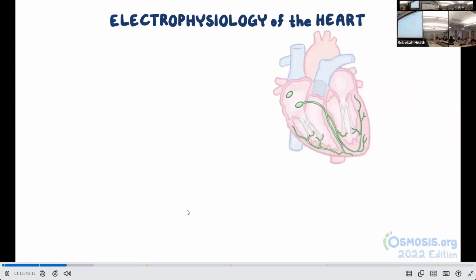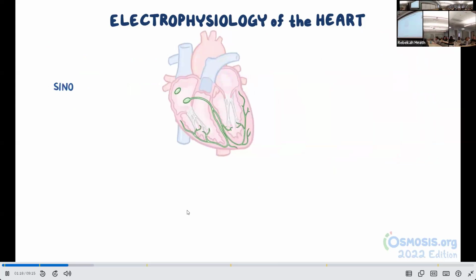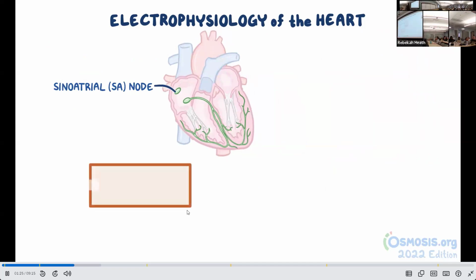The way it goes is that the electric impulses begin in the sinoatrial or SA node, which is located at the junction of the superior vena cava and right atrium. The SA node is considered the pacemaker of the heart and spontaneously and rhythmically produces impulses at 60 to 100 beats per minute. The impulse then moves quickly through the atrial muscle, causing depolarization.